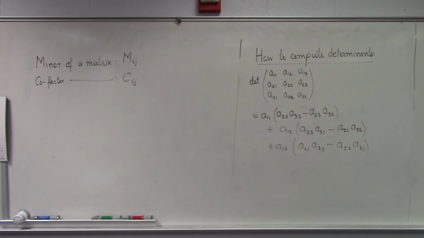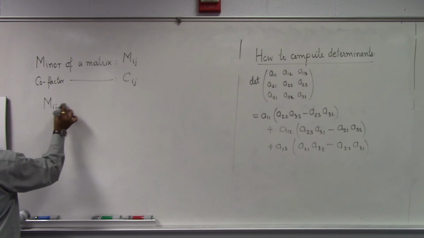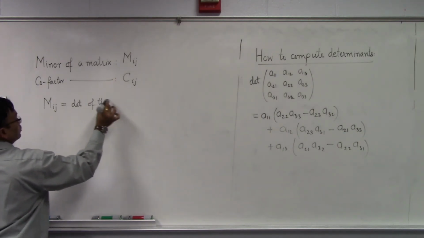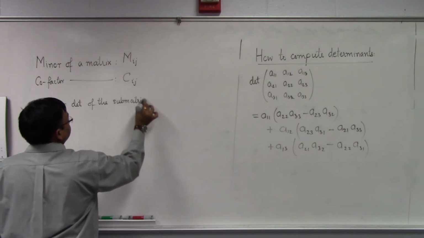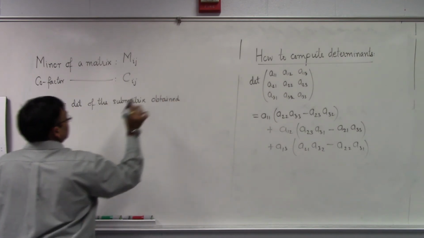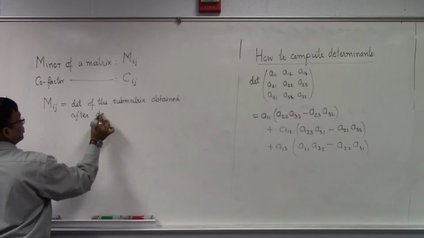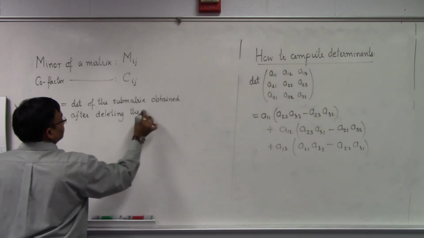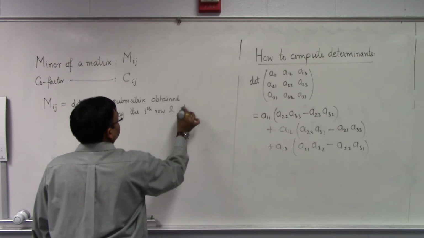So the minor of a matrix is basically the determinant of the submatrix obtained after deleting the ith row and jth column.